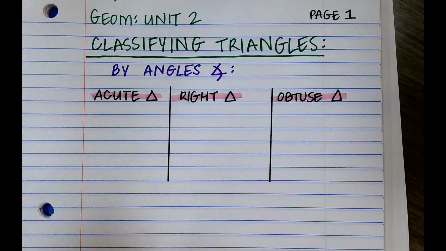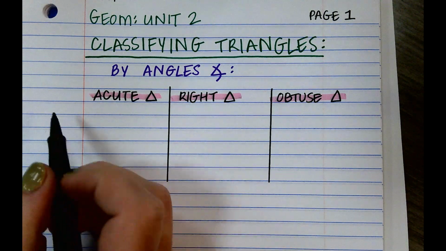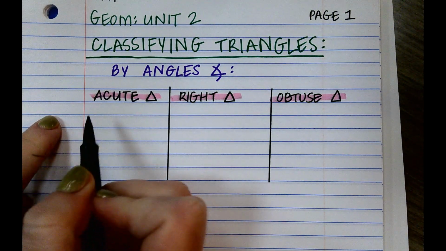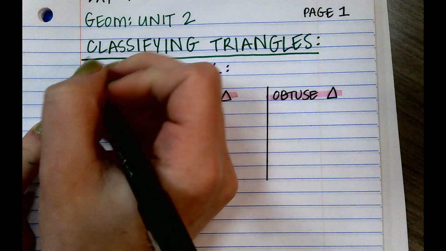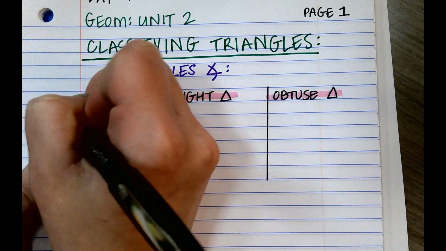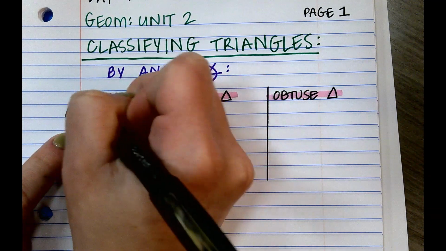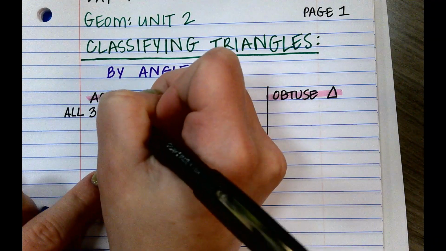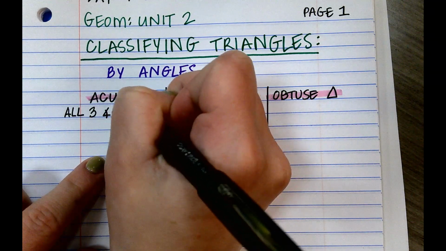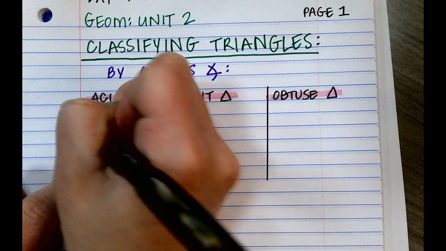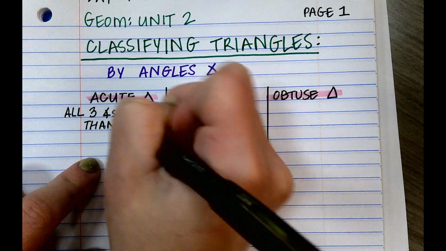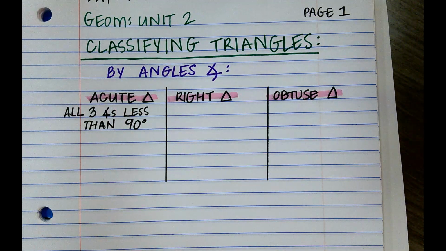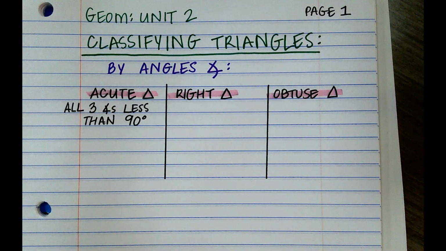Now, an acute triangle, we'll put little descriptions under each section, is a triangle where all 3 angles are less than 90 degrees. And remember, a 90-degree angle is the one that creates that perfect square edge and we draw that little box inside of it.